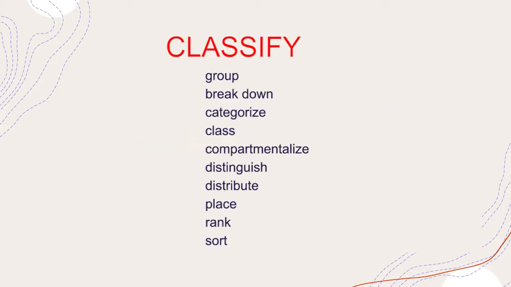Are you ready? Here are some of the words that come to mind when I think of the word classify. Group, breakdown, categorize, class, compartmentalize, distinguish, distribute, place, rank, and sort.